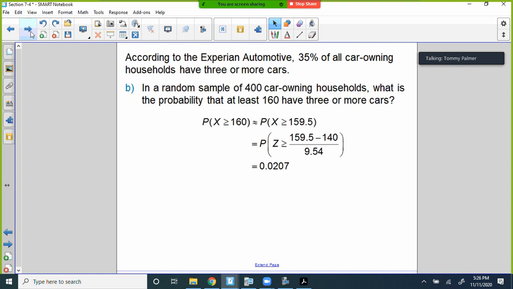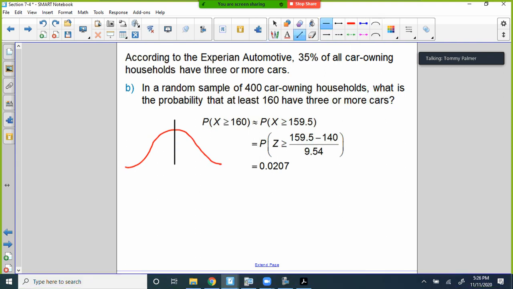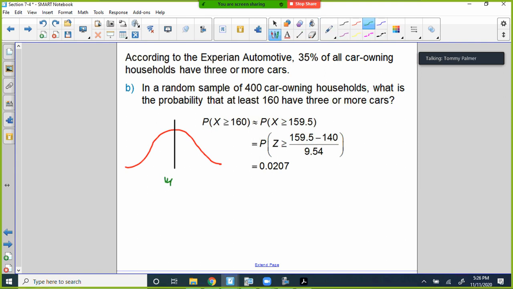Now this third one, or not third, really it's part B. The probability that X is greater than or equal to 160, right? At least. If you look at this, the mean happens to be at 140, right? Isn't that our mean that we calculated? And this says 160, right?